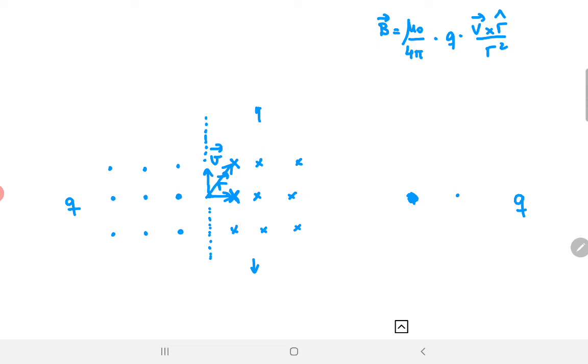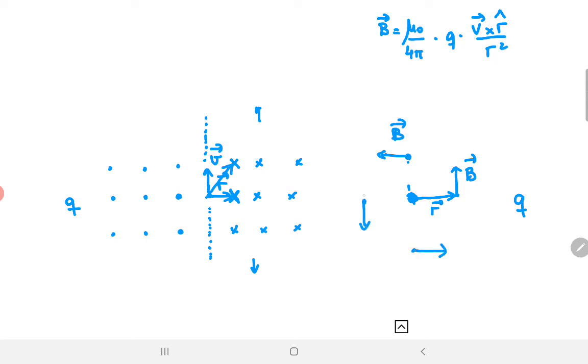We have to calculate the cross product between the velocity going out of the screen and vector r, which is this vector here. If we put the velocity going out of the screen as our index finger and the vector r as the middle finger going towards the right, then our thumb points to this part here. If we do the same with this point, we end up with a magnetic field that points like this, like this, like this.